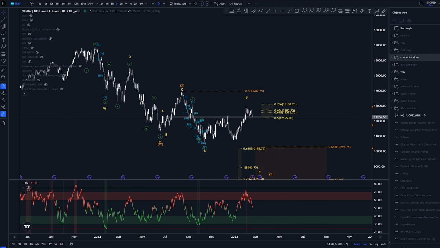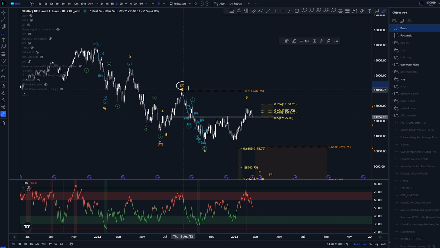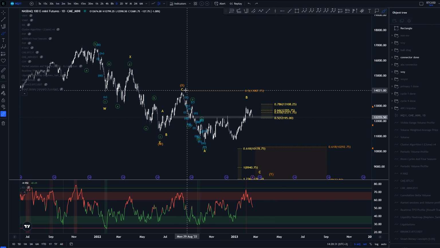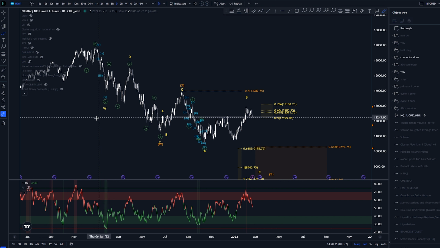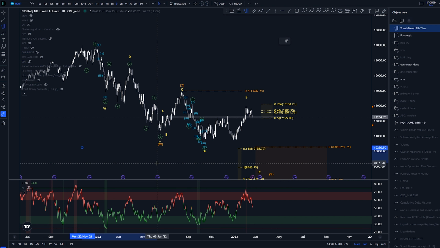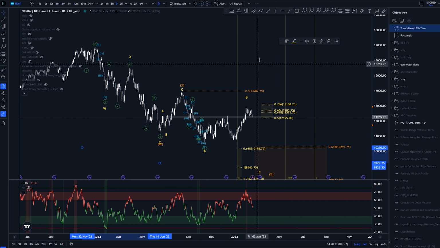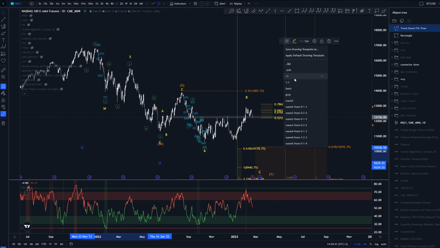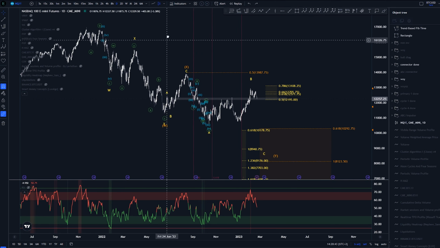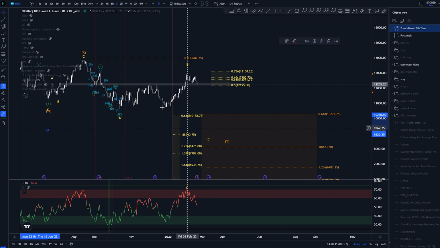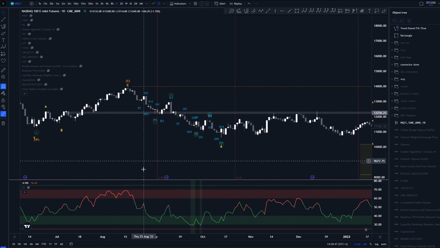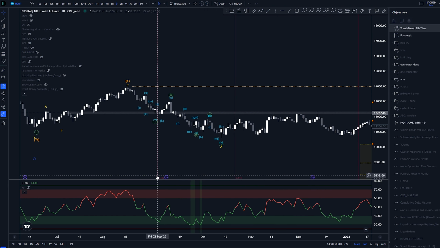The other variation of this was this, where we had this X wave already completing here. However, it was quite shallow and quite fast in time, so we generally don't want those corrections to be that fast. Generally, we want them to be at least 32 in time, which we did not even have here.